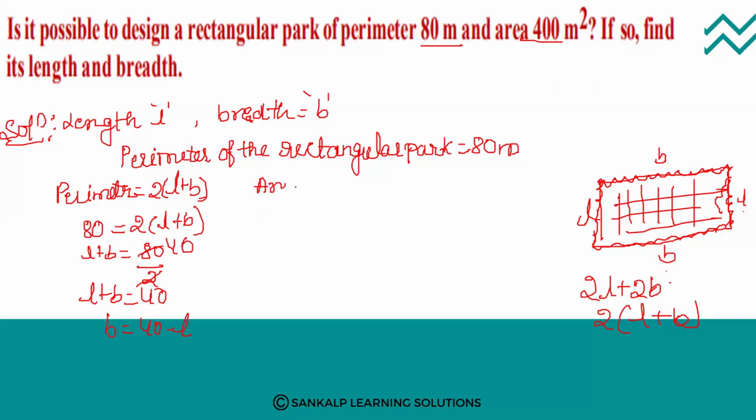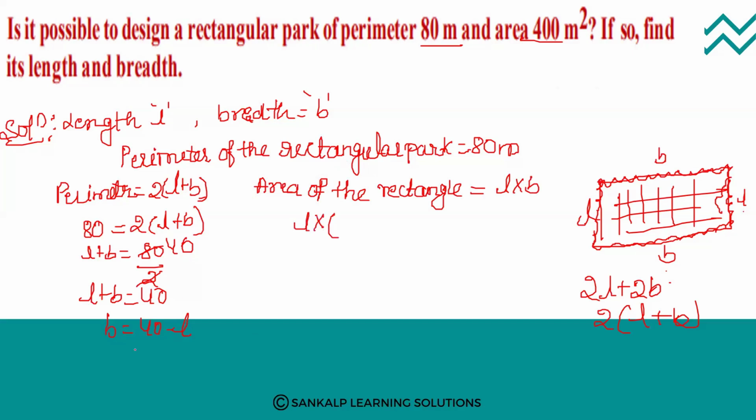Now area of the rectangle is L into B, that is length into breadth. L value is L only.